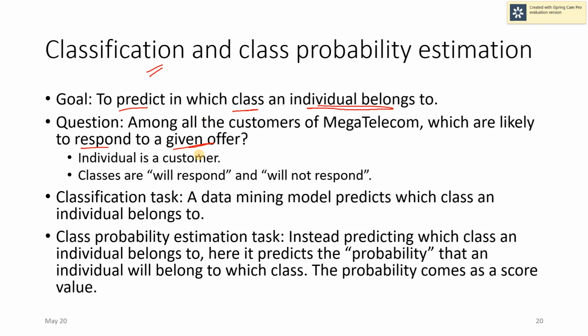Okay, so maknanya kat sini soalan dia adalah which customer are likely to respond. Meaning that dia nak tahu respond ataupun not respond to a given offer. So that is why our class here kita nak predict adakah dia nak respond ataupun dia tak respond. So our class here is will respond and will not respond.